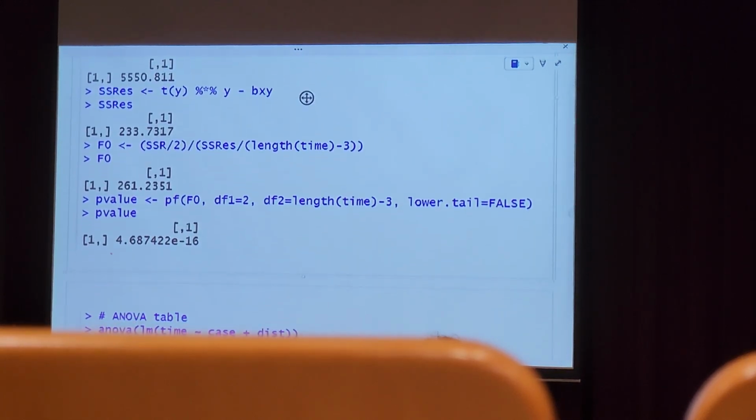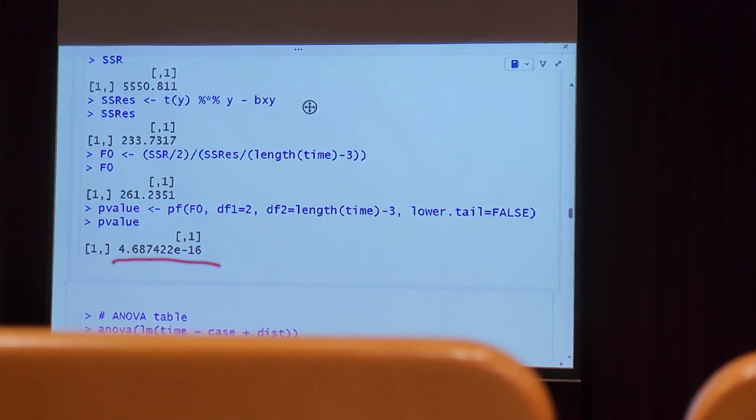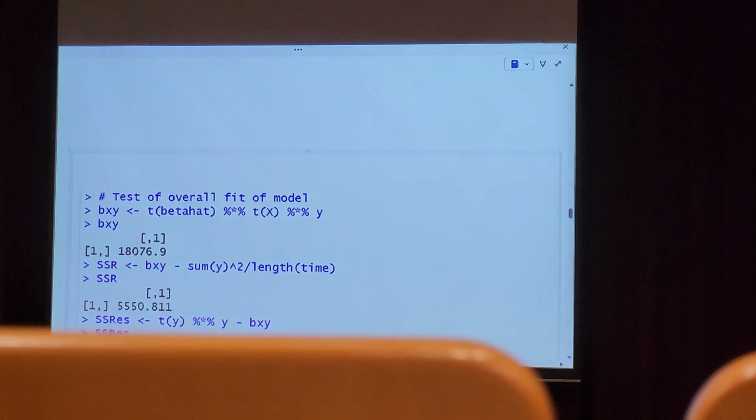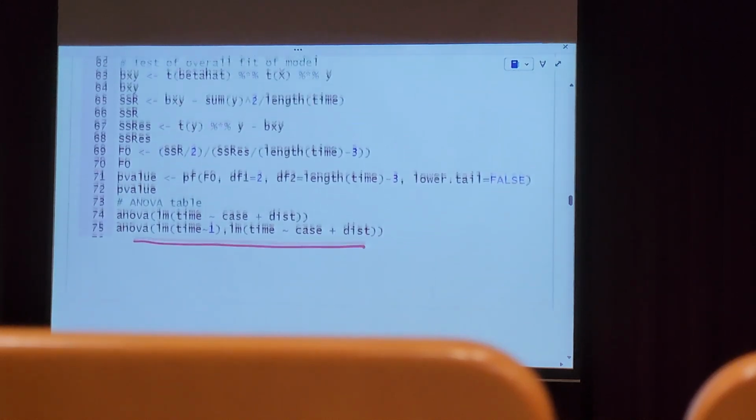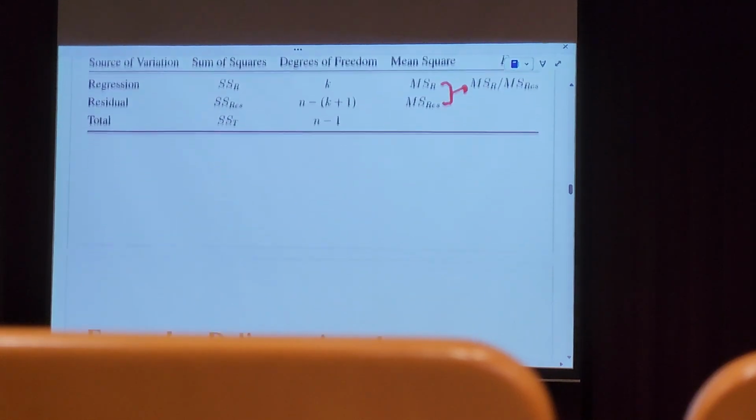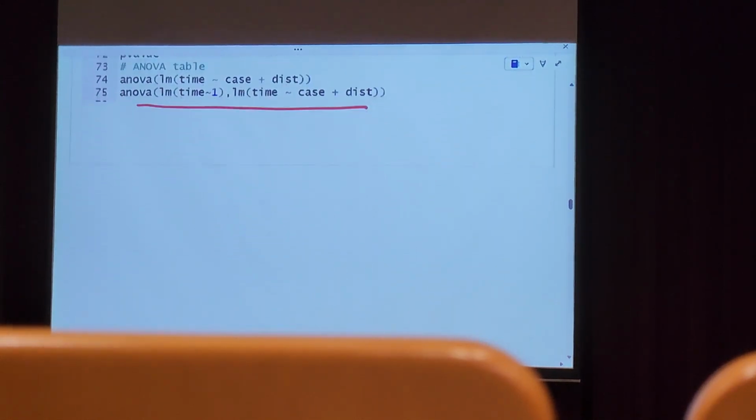The p-value is very small. So it shows that the model is significant. So we will reject H0. So what is H0 here? What's the model? Did I write down the model? I did not write down the model, but I think earlier we did.